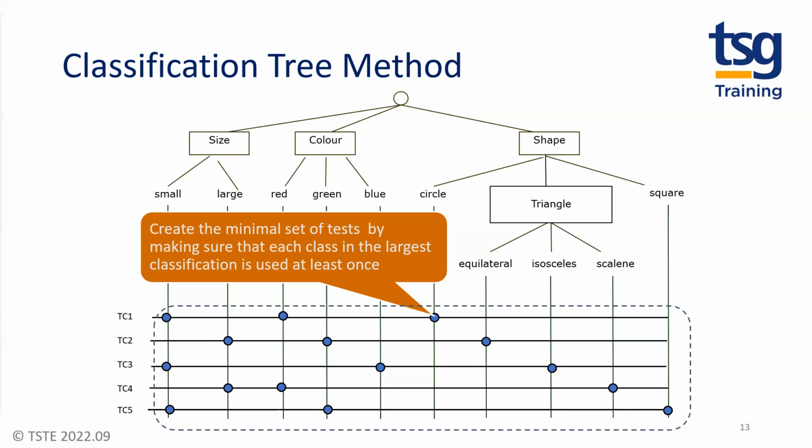So here it's 30 tests because there's 5 classes under shape, there's 3 classes under classification, colour, and there's 2 classes under size. So 5 times 3 times 2, there's 30 tests. But we still need to work out the expected result for these tests before, and then the test design will be complete. So that's the classification tree method.